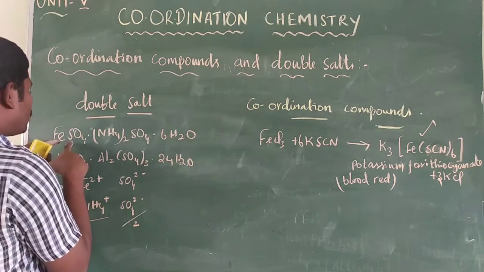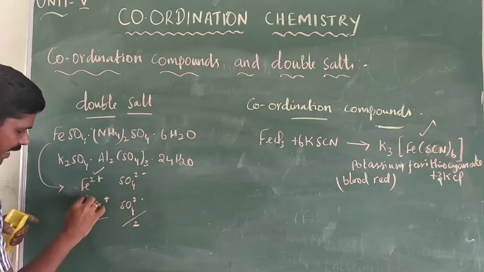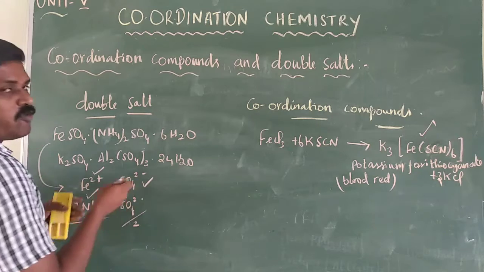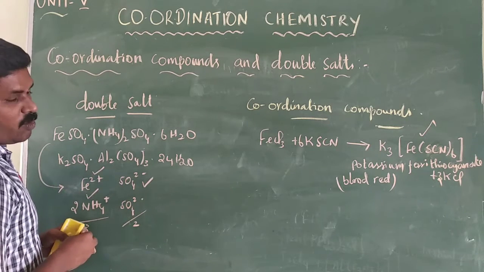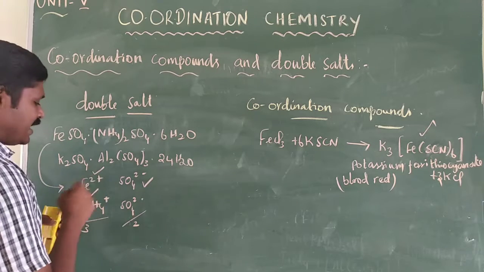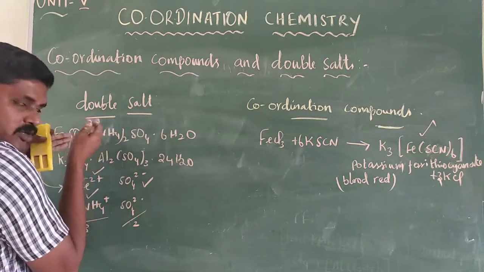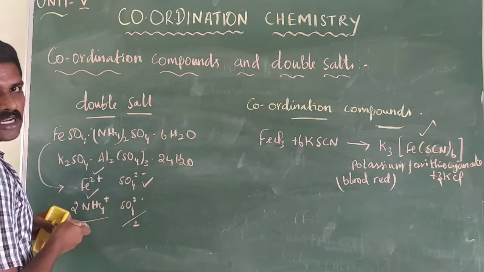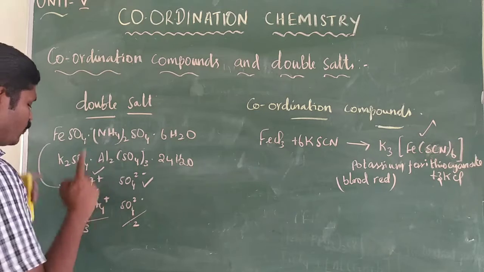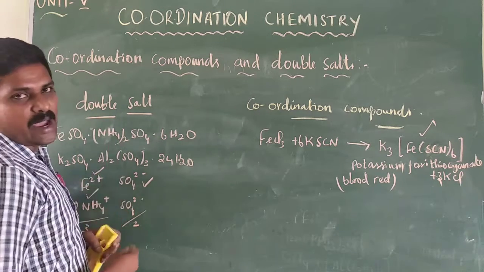So the Mohr's salt dissolves in water to give Fe2+, NH4+ and SO4 2- ions. In a qualitative analysis, the double salt solution answers for Fe2+ ion, NH4+ ion and SO4 2- ions.